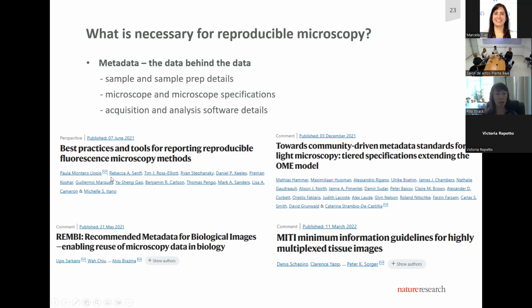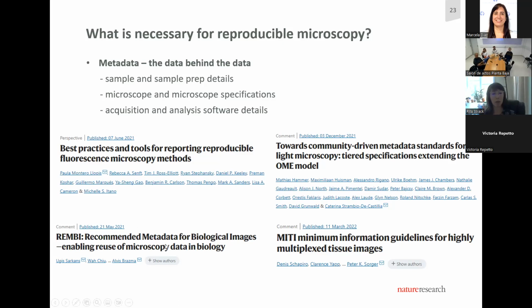And Paula runs a big core facility at Harvard. Michelle also runs a big core facility, but I forget where. Lisa as well. So the authors on this have a lot of experience with different modalities and with what it takes to write a good method section, or to even try to repeat an experiment that someone else did. This piece comes from the Bioimaging North American group and describes metadata standards for light microscopy. They follow the OHM model.